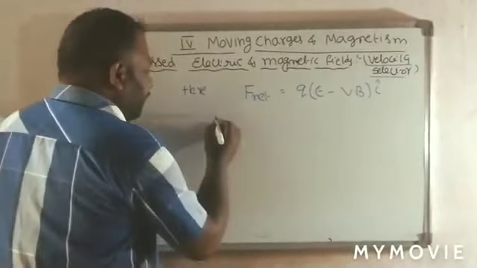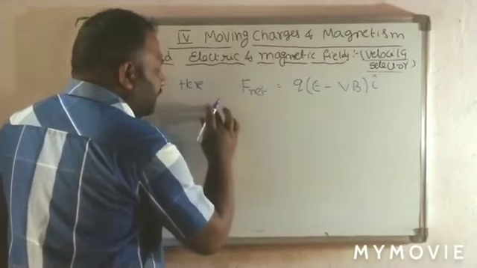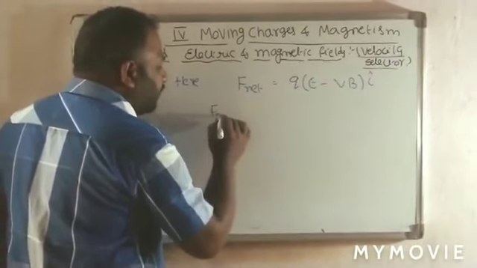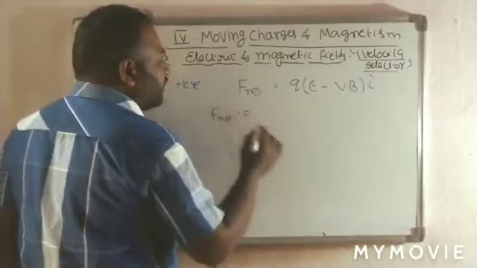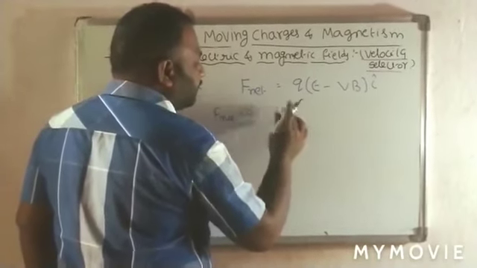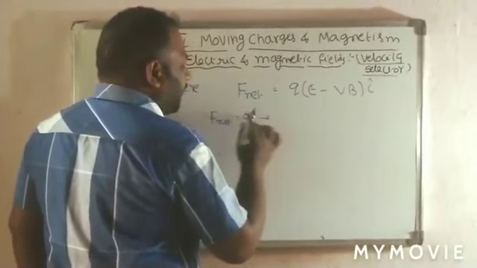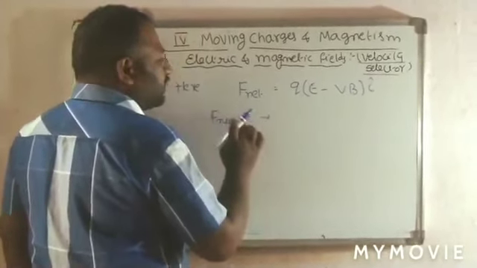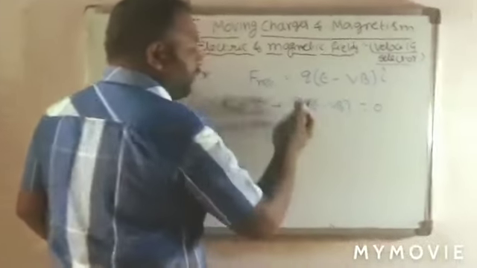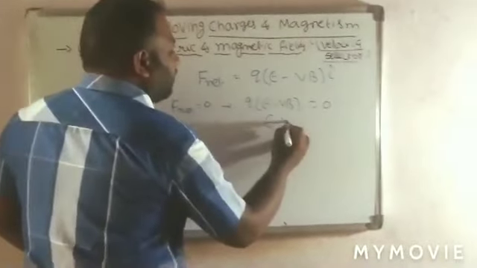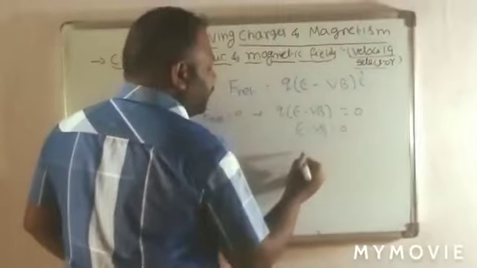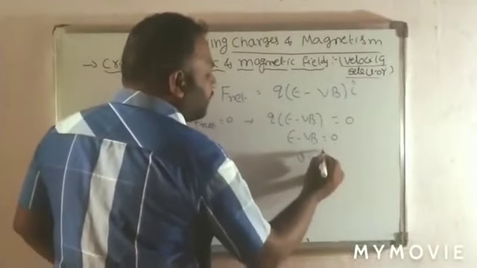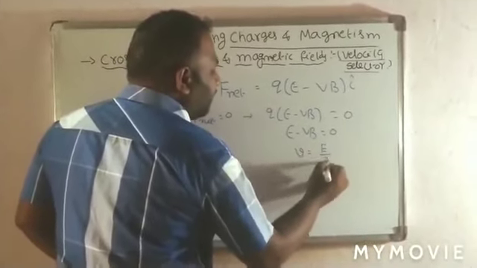When the net force is equal to 0, we can take Q(E minus vB) equal to 0. From that, E minus vB equals 0, that is v equals E by B.